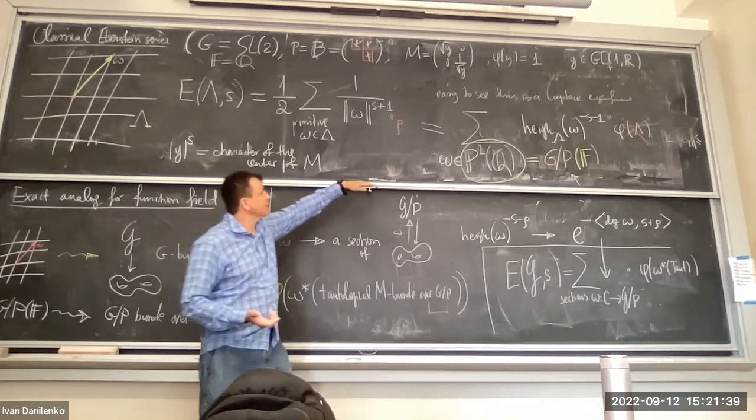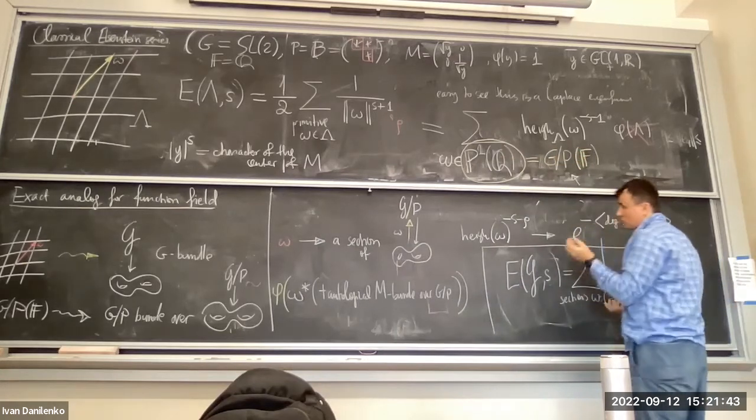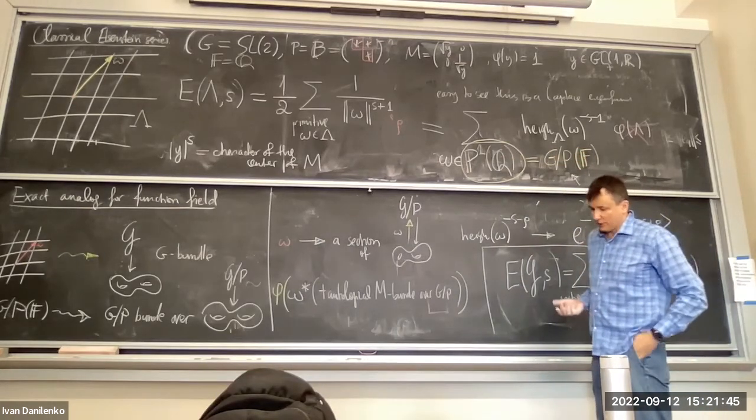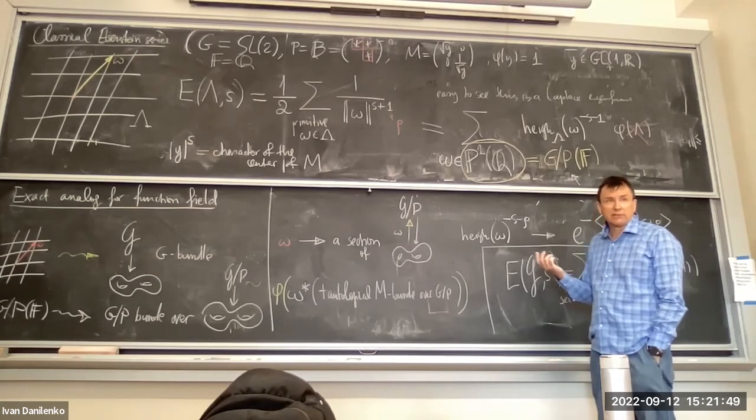This Eisenstein series will be a function of one variable, and that function, in the correct word, is going to be a rational function of one variable.